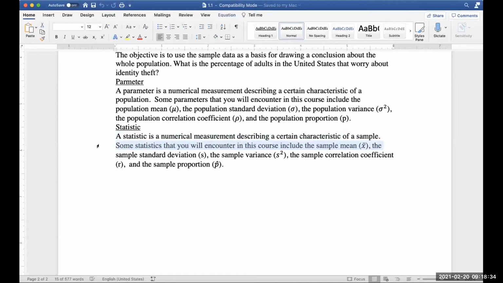So some statistics that you'll encounter in this course are the sample mean, which is denoted by this little bar, the sample standard deviation, S, the sample variance, S squared, the sample correlation coefficient, R, the sample proportion, which is denoted by this little caret. And so it's a p hat.